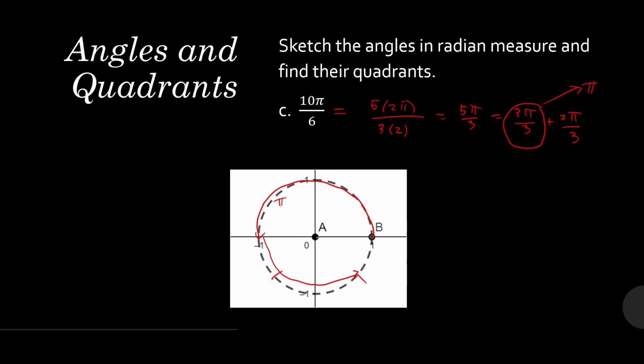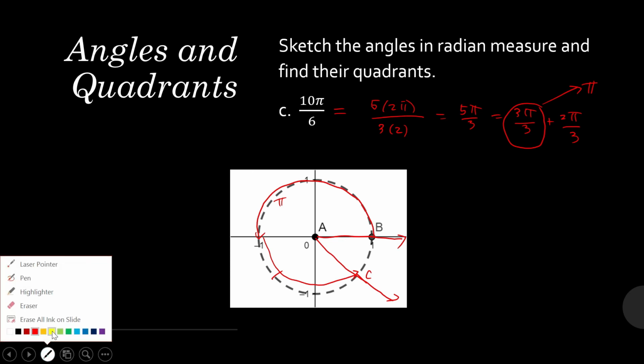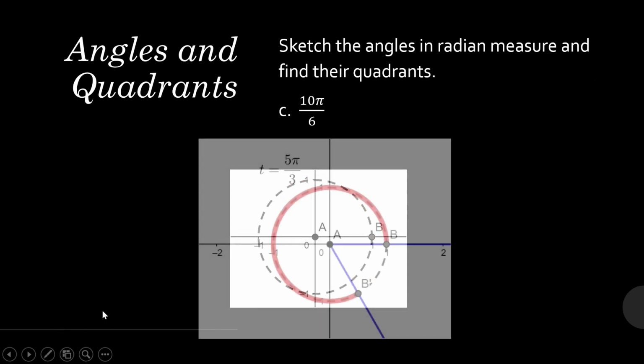Again, let us draw the arms of our angle. So that is our angle BAC. That arc is the angle measure in radian measure. The angle itself is the angle BAC. And this angle 5 pi over 3 is in the fourth quadrant.